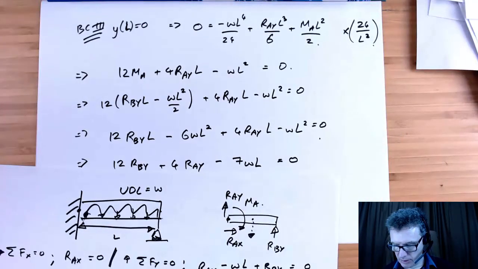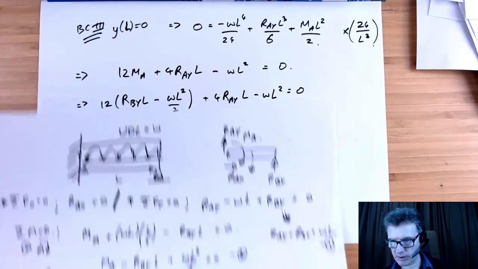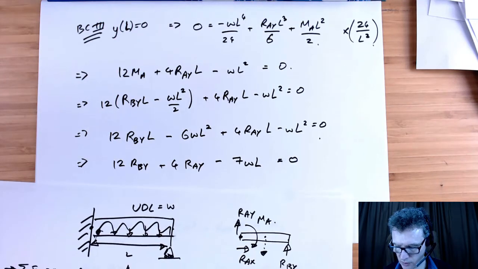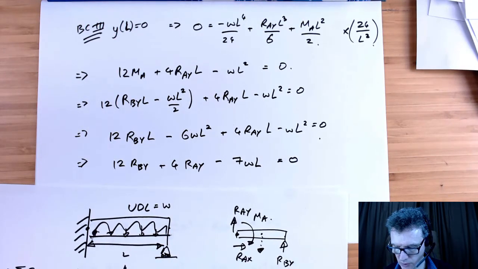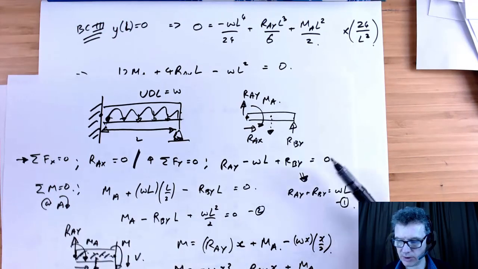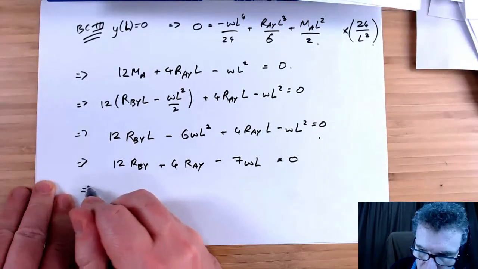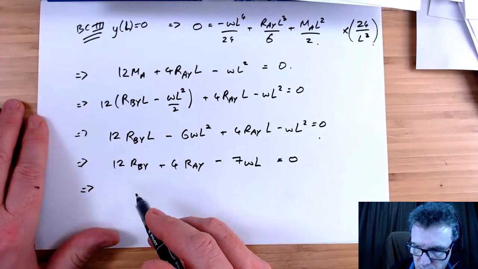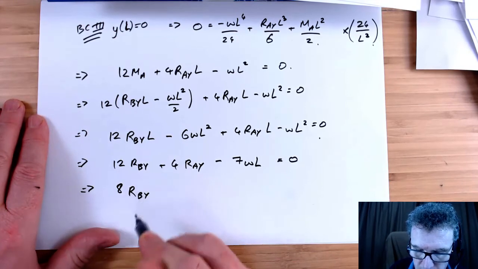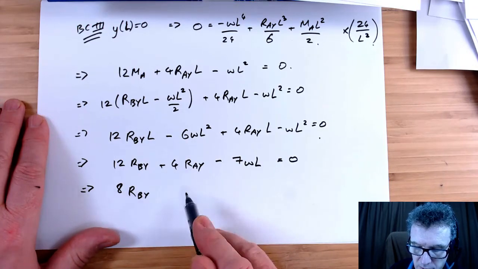Right, so go back to this guy, substitute him in. What should we do there? We'll times this by 4 and then take away this. So that therefore gives me 8 RBY. So I've taken away 4 RBYs. Take away 4 RAYs equals 0.